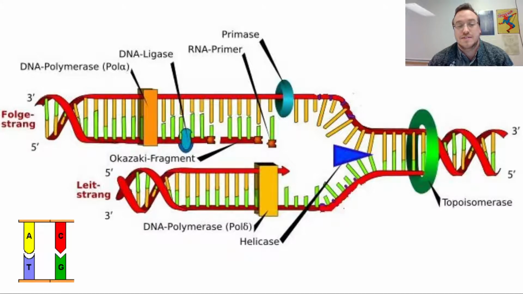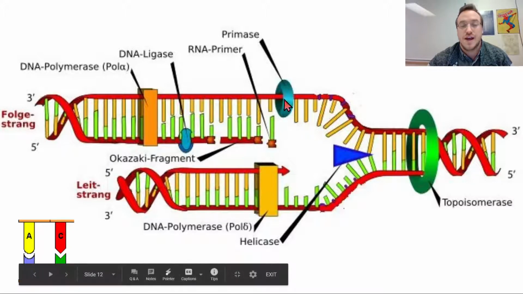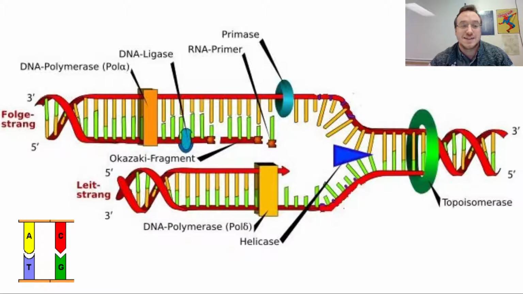All right, DNA polymerase is the thing that is going to put it back together, and it works in the 5' to 3' direction. All right, so we're going to have a couple of different ways to talk about this. The leading strand and lagging strand.